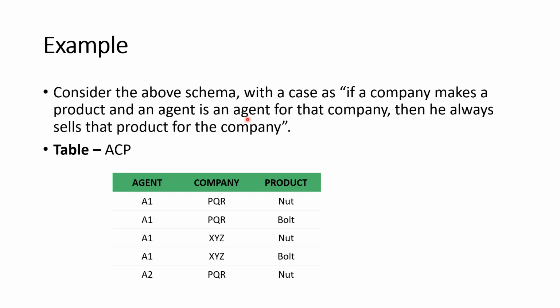Then he always sells the product for that company. This A1 is the agent and he is selling for this company, then he is always selling this product for this company. And here we can see A1 is also selling bolt for this XYZ company rather than PQR for nut.